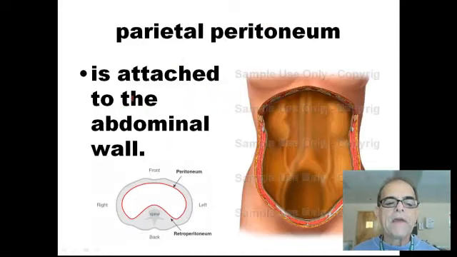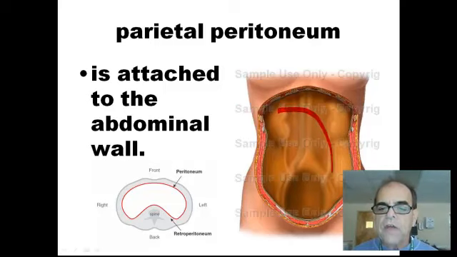Parietal peritoneum is attached to the abdominal wall. This is the posterior parietal peritoneum, because the anterior parietal peritoneum is in the wall that is not in this image. Parietal peritoneum covers the walls of the peritoneal cavity or the abdominopelvic cavity.